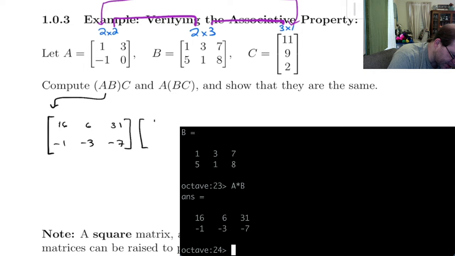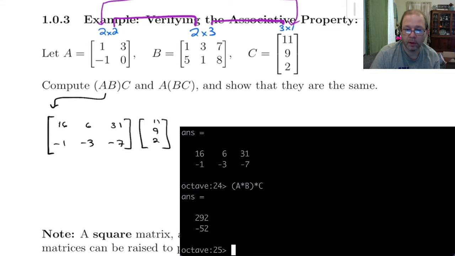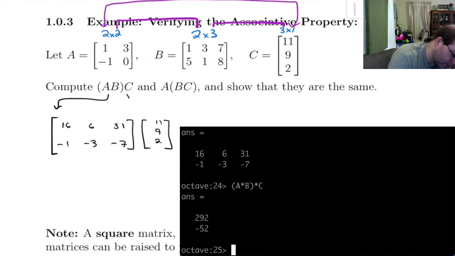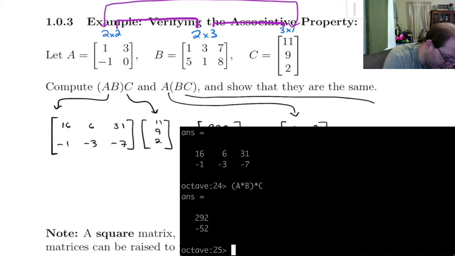If I take that and multiply it by C, I get this: 292 and negative 52. Now if I do this in the opposite order, if I take A and multiply that by BC, let's work out BC over here.